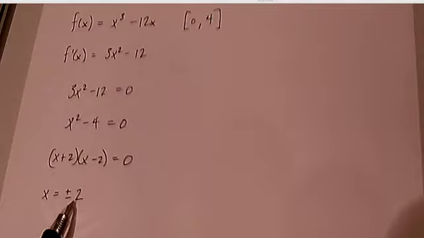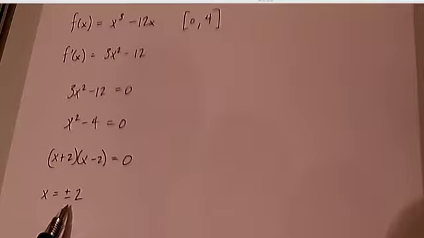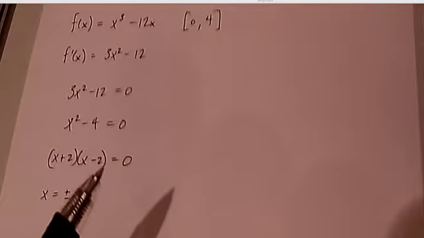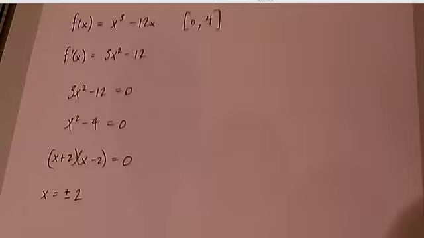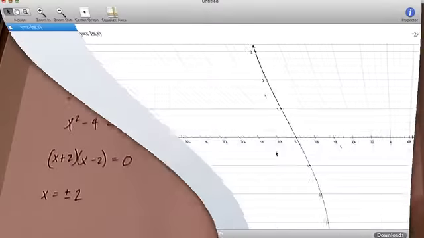You know what this looks like, and you know that positive 2 is going to be a minimum on that interval, most likely. But here's the great thing. When you're dealing with it on a closed interval, you don't have to do the sign chart.